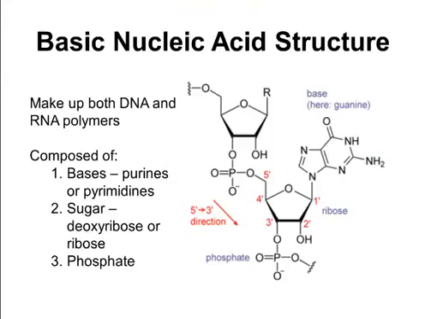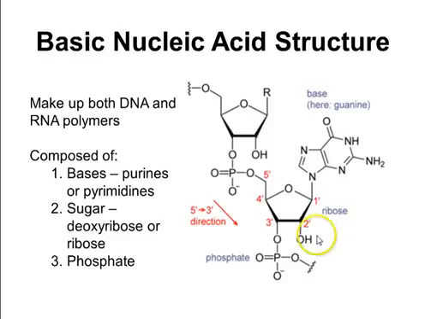The structure of a nucleic acid is that it has a nucleoside base, either purine or pyrimidine base. It has a phosphate group, and it has a sugar group. Now this is ribose. This would be RNA.